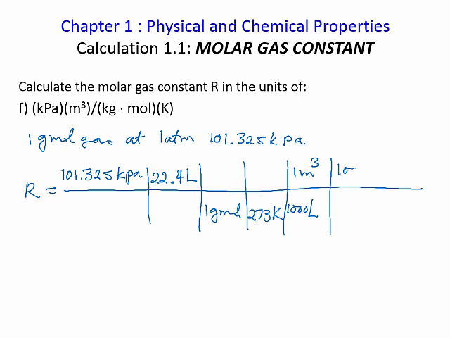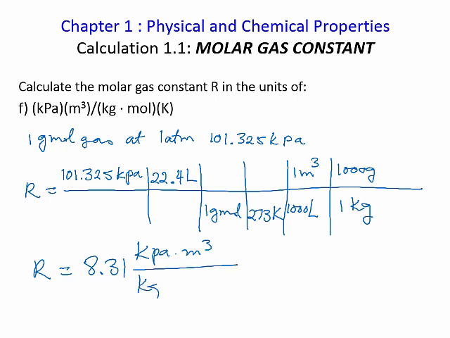So 1000 gram is 1 kilogram. Solving for R, we get 8.31 kilopascal meter cube over kilogram mole degrees Kelvin.